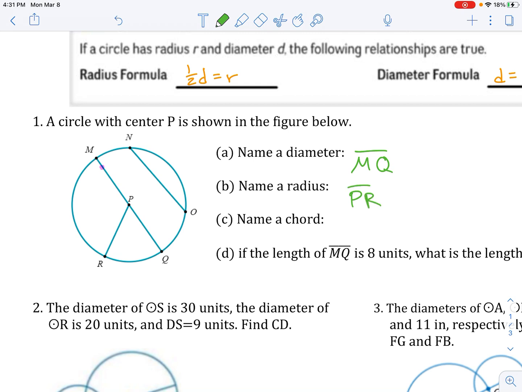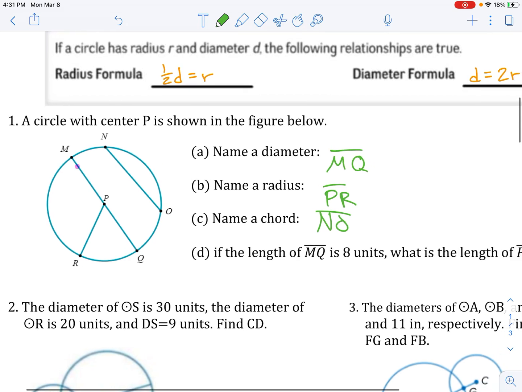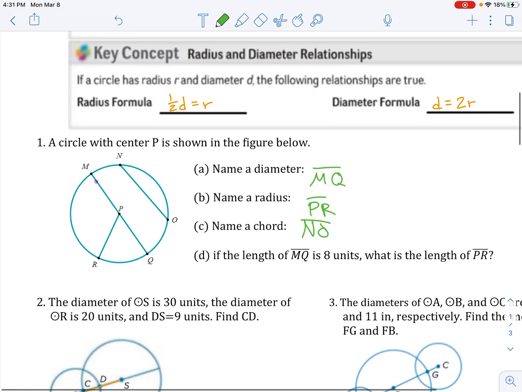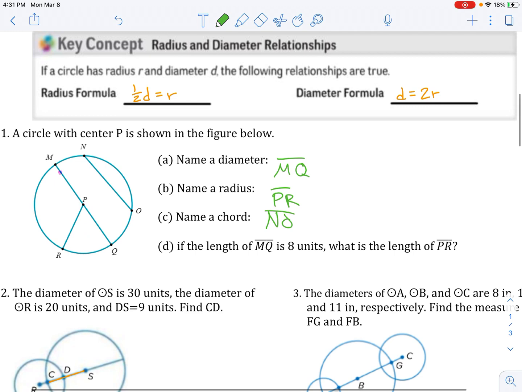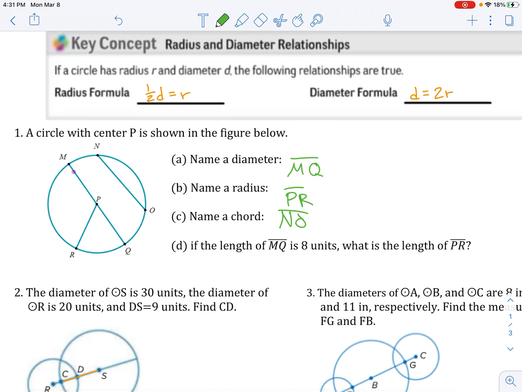If I were to name a chord, I'd go with NO. And it says if the length of MQ is 8 units, what is the length of PR? Well, if MQ is 8, that's all of this. PR then would be a radius, and that would be half. So PR is a radius, MQ is a diameter, so that means it'd be 4 units.